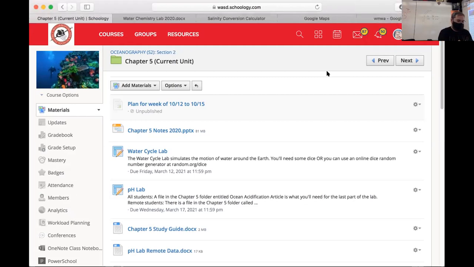So many papers. We'll be Schoology experts next year. Here's a paper copy. That's the easiest way to do it because there's graphs to do and you can't do them in there.